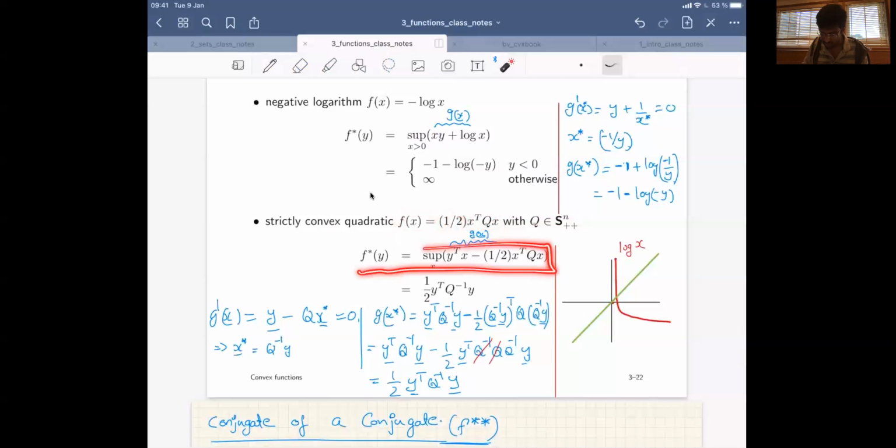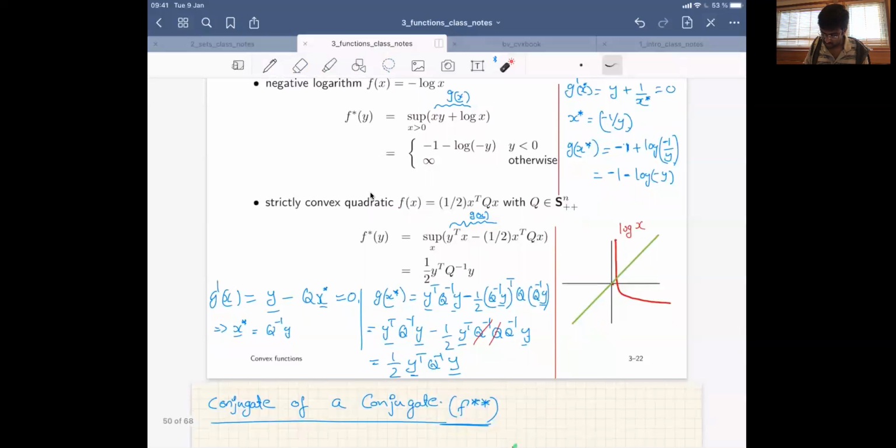So this is our original formula, y transpose x minus our function of x. Let's call this g of x. To find the maximum, I'm taking the derivative and equating that to 0, right? So when I take the derivative and equate to 0, I get y minus q x star. So am I correct?